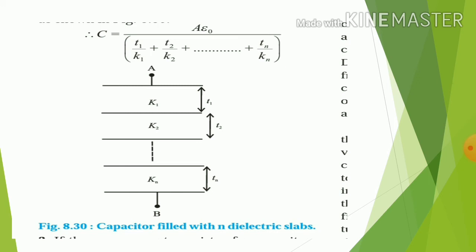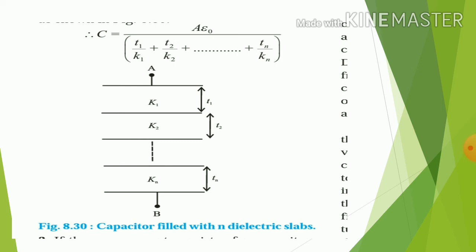So the capacitance of the capacitor, whenever there are n dielectric slabs, can be written in this way. Therefore, C equal to A epsilon 0 divided by, in brackets, T1 upon K1 plus T2 upon K2 plus and so on plus Tn upon Kn.